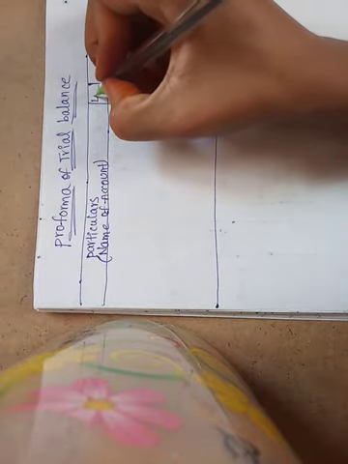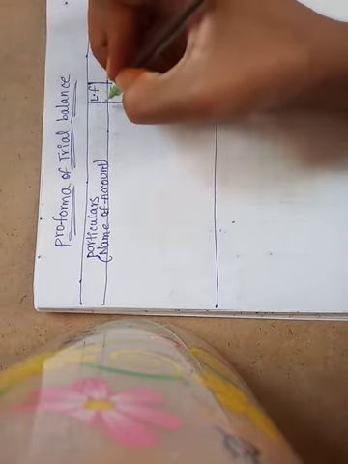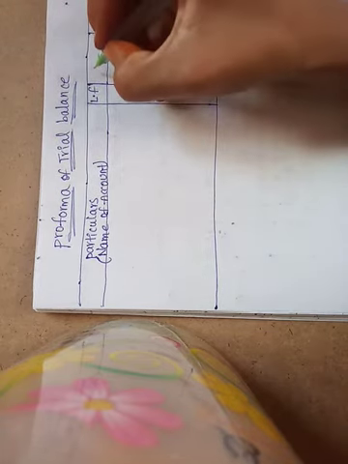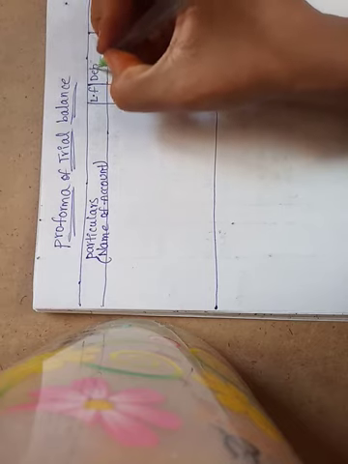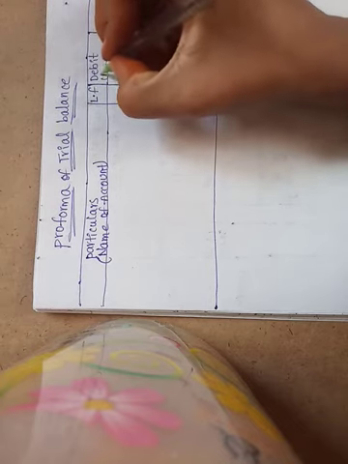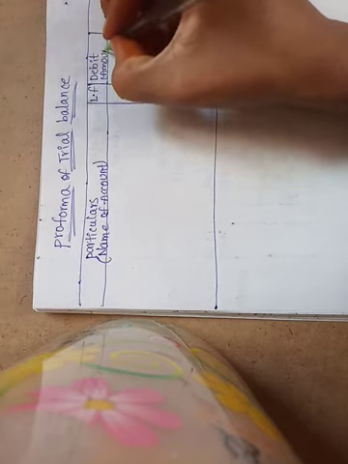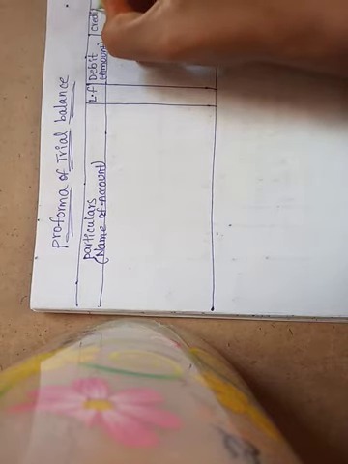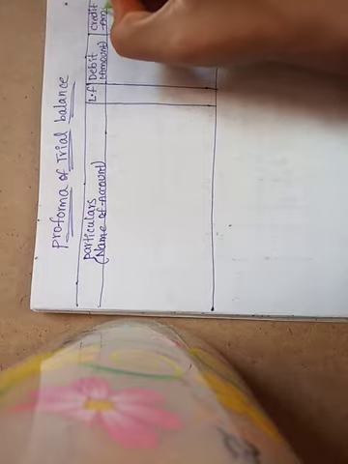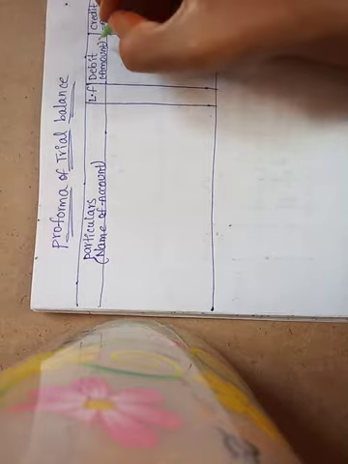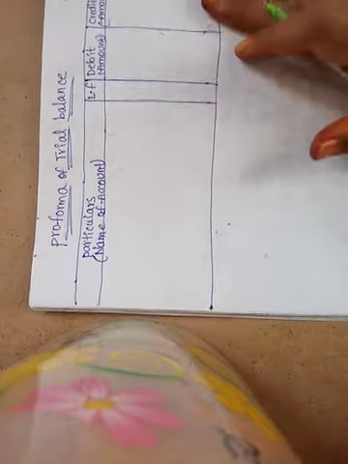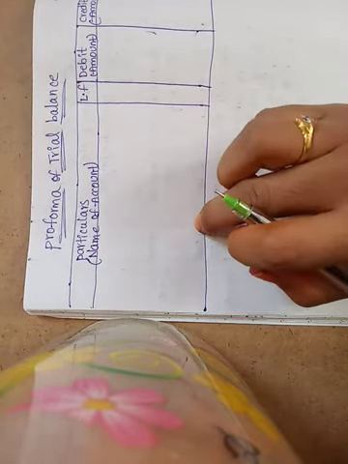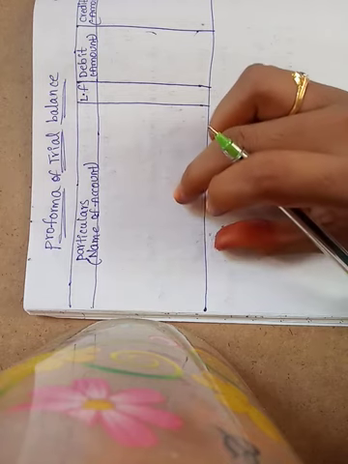Next is LF, ledger folio. Next is debit amount, credit amount. So this is a pro forma of trial balance. Under the particulars column, names of all the accounts are given.